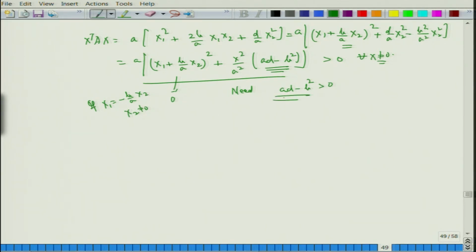And what is ad minus b square? Our matrix was [a, b; b, d]. This is nothing but the determinant. So we need that a has to be positive, d has to be positive, and the determinant has to be positive.